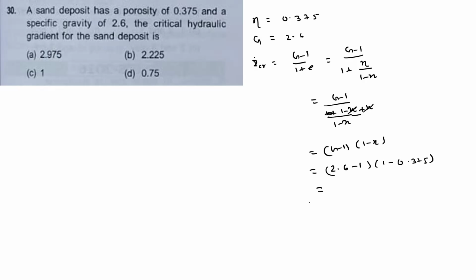Multiplying 1.6 by 0.625 gives around 1. So this is option number C. This is question number 30.